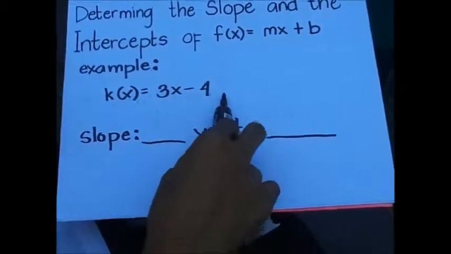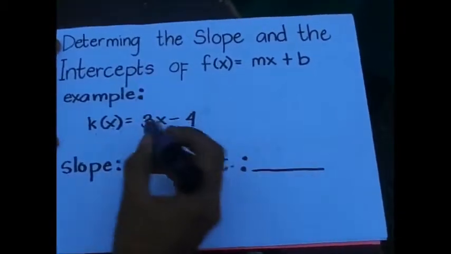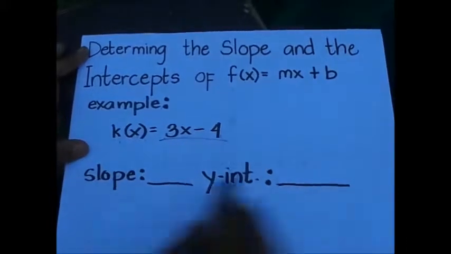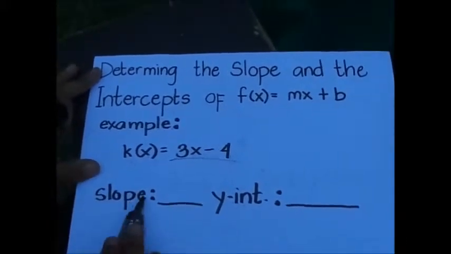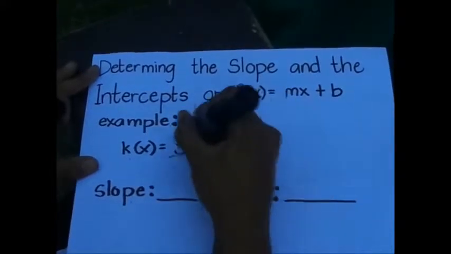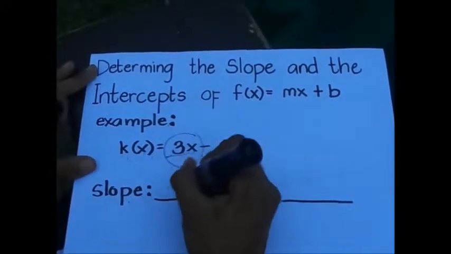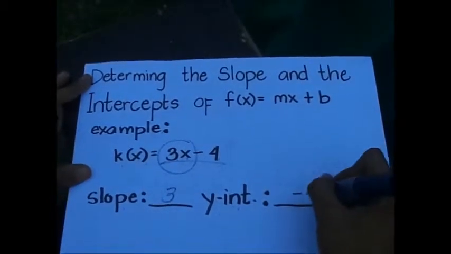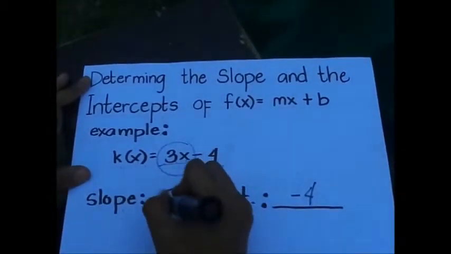You just look at the equation or the function. To determine the slope, since the slope is the coefficient of x, the slope is 3. And the y-intercept is negative 4. So, simple as that.